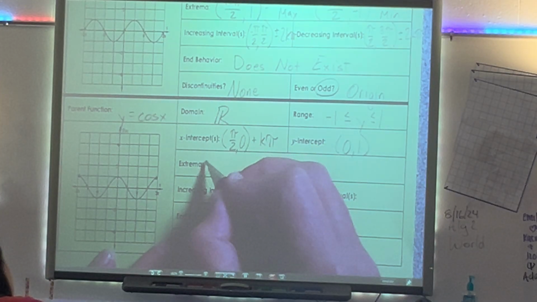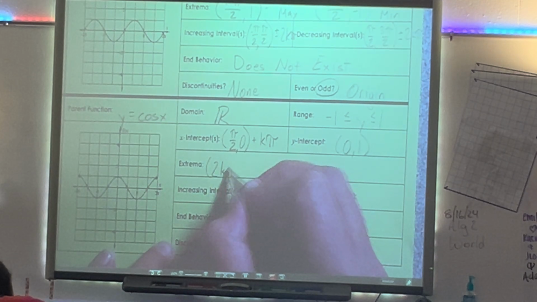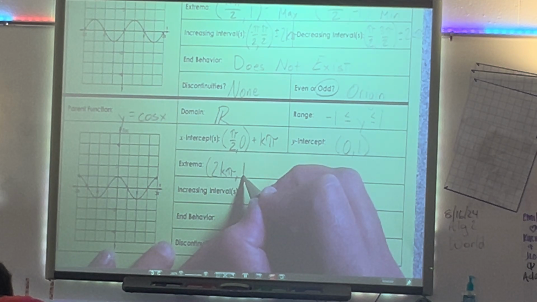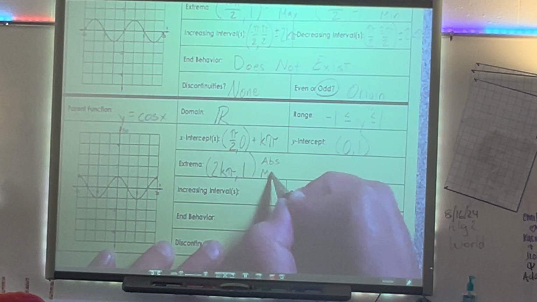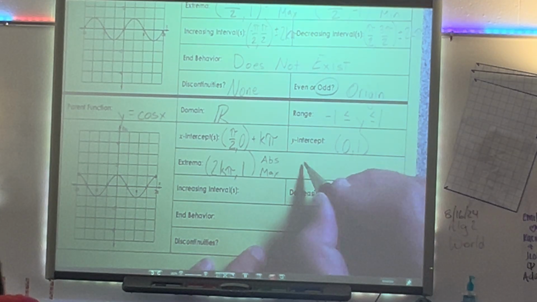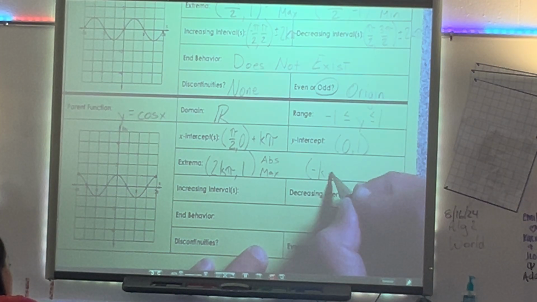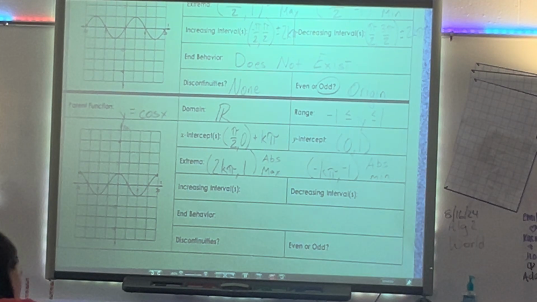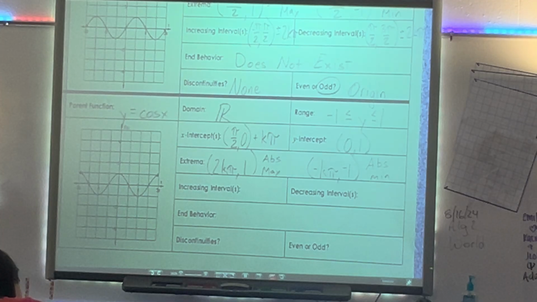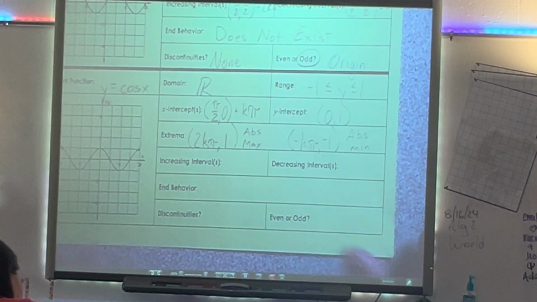Alright, extremas are kind of like your sine function. It's written a little bit differently though. It's 2k pi and 1. That's your absolute max. And then negative k pi and -1 is the absolute minimum. Okay, again, these increasing and decreasing, they're because of a cycle.